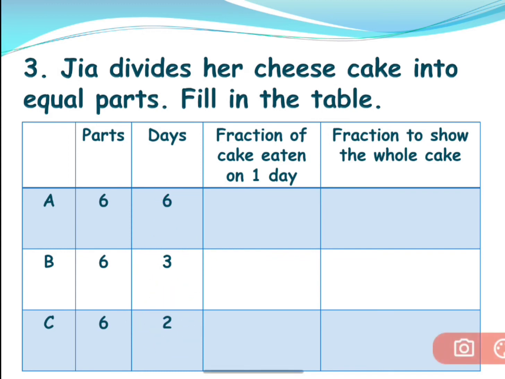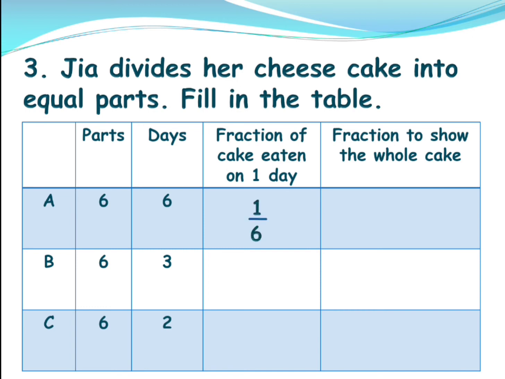If it is 6 days, that means 6 parts in 6 days. That means she's eating per day how much? 1 by 6, for one part only. In 6 parts, she is eating only one part, which becomes the fraction 1 by 6.